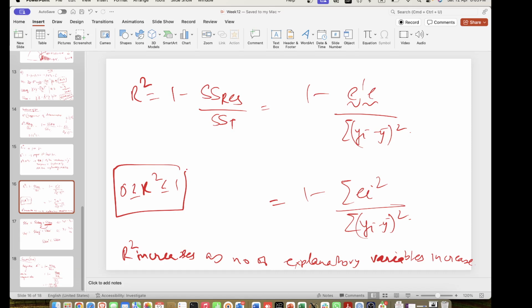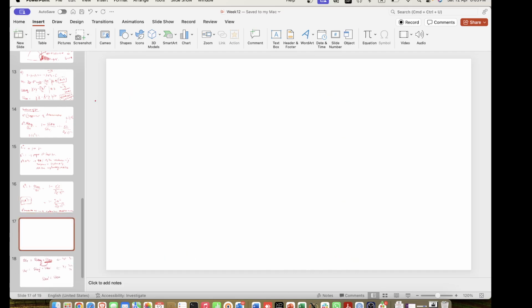Alright, so once we have this, another thing we should keep in mind is that if there is no intercept, then r square is not defined.